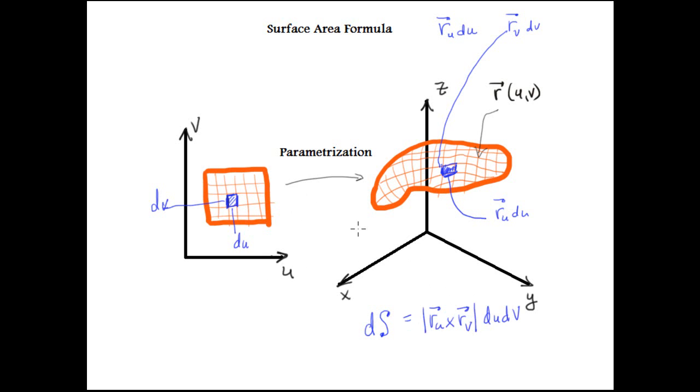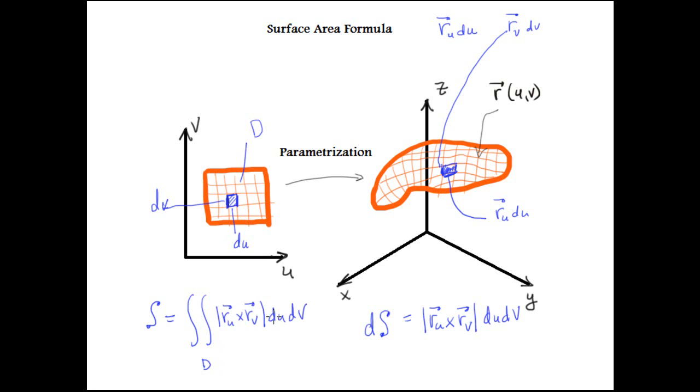If you want to find the total surface area, S is the double integral over the domain D of the magnitude of r_u cross r_v, du dv.